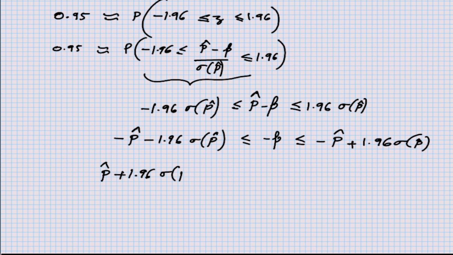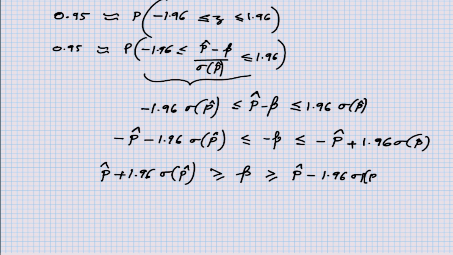You see the sign change. So there is a less than, and this changes to greater than or equal to. Minus P becomes plus P. Less than becomes greater than or equal to. Sign change once again. So that is P cap minus 1.96 sigma P cap.